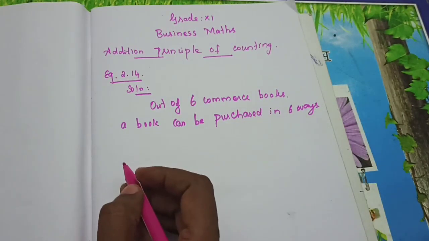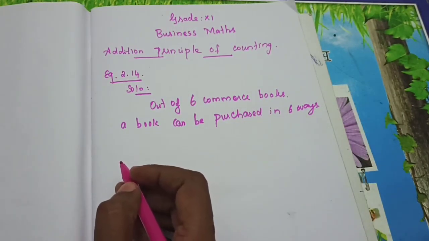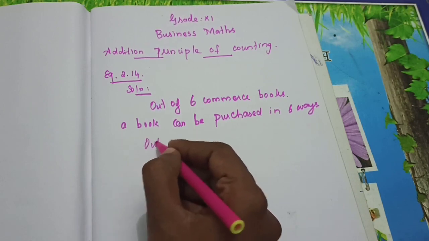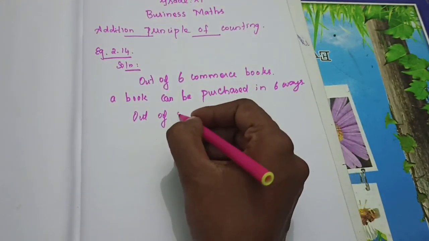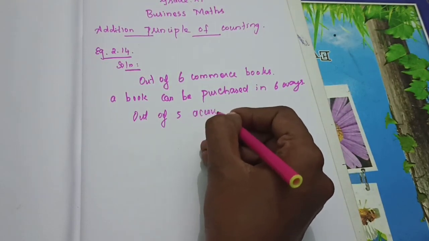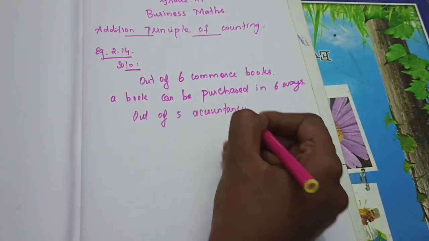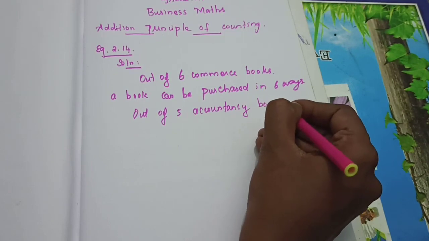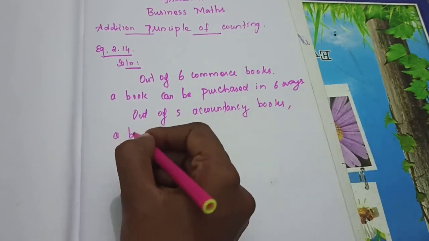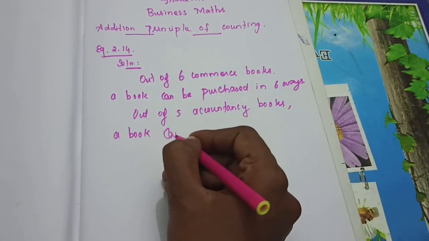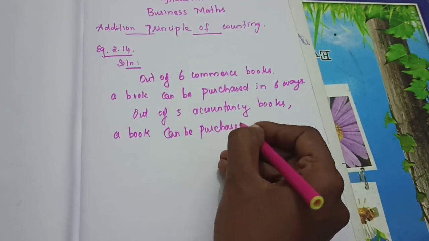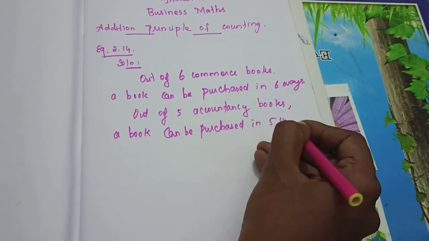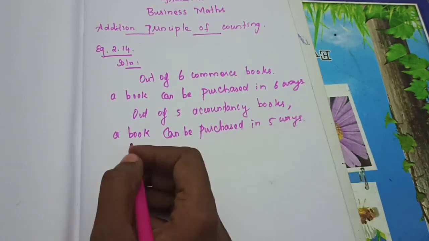Then one more thing: accountancy books. How many accountancy books are there? 5 accountancy books. So out of 5 accountancy books, a book can be purchased in how many ways? 5 ways.